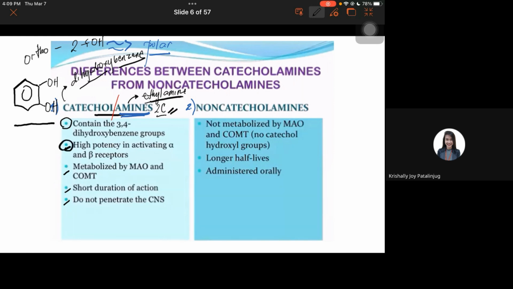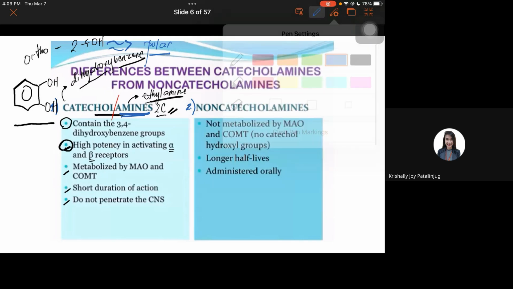Sabi dito, ang mga catecholamines, they have high potency in activating alpha and beta receptors. Meaning, meron silang affinity to alpha receptors and also beta receptors. And sabi dito, highly potent sila.